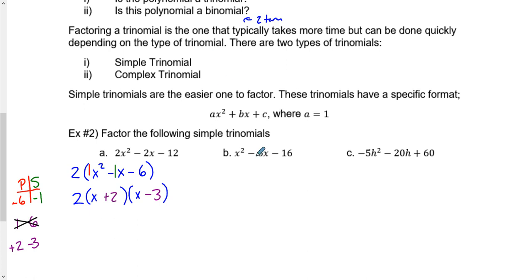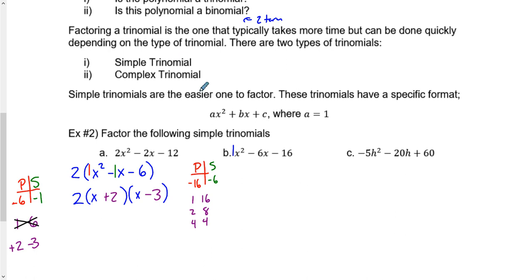B is already set up for full success because our a value, the number in front of our x squared, is already 1. So when we talked about our product and sum, our product of 1 multiplied by -16 being -16, our sum of -6. So again, we only really consider the factors of 16. 1 and 16, 2 and 8, 4 and 4.